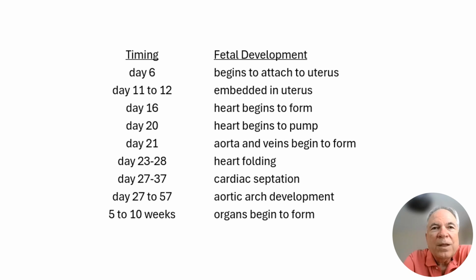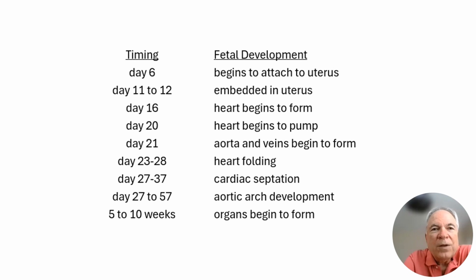On day 21, the aorta and the veins begin to form, about the same time that the heart starts to pump. Then heart folding occurs, and then cardiac septation. So the important numbers are when the heart begins to pump, when the aorta and veins begin to form, when the heart starts folding, and cardiac septation.